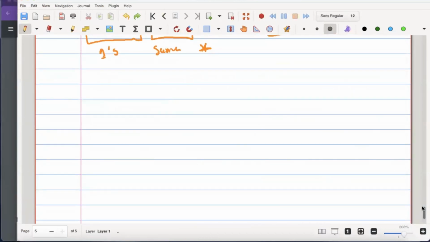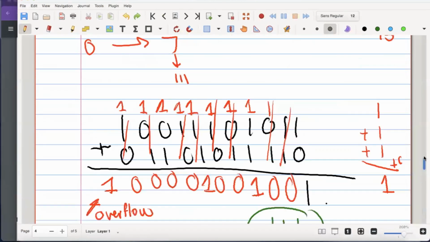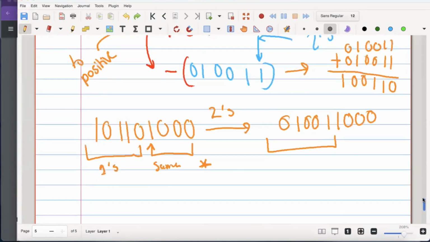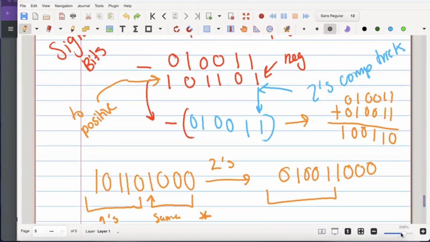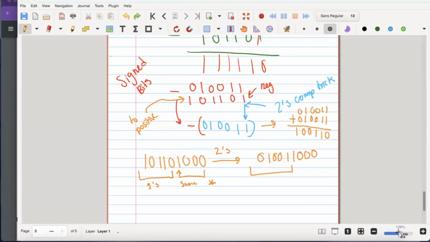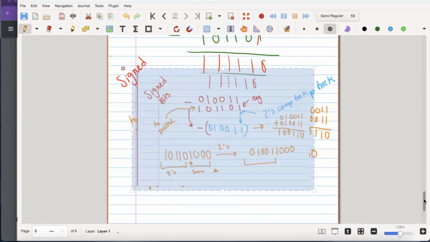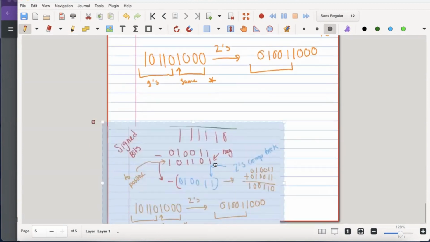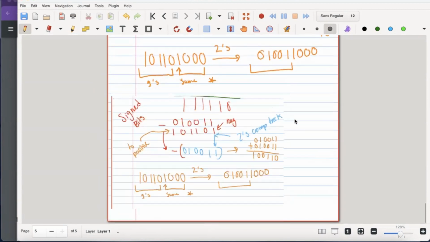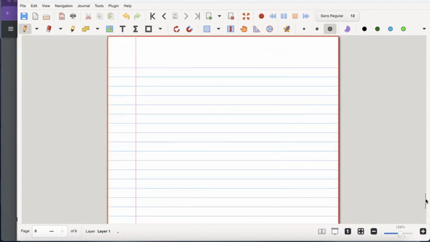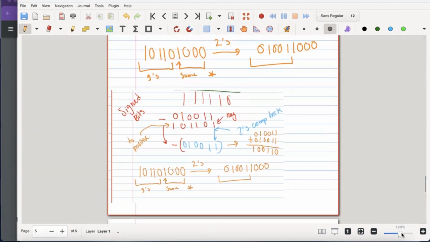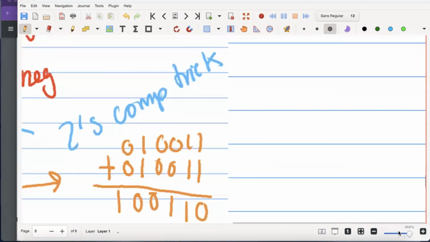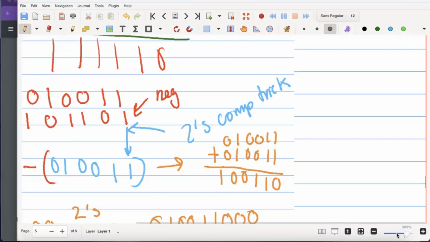Here, let me quickly take a screenshot of this and move it down so we can work with a fresh page. Sorry, it might be a little laggy.